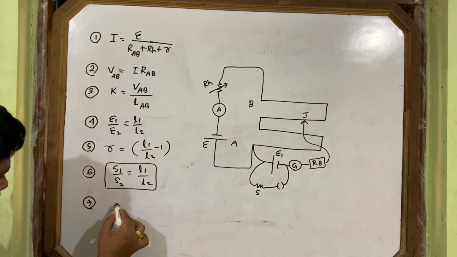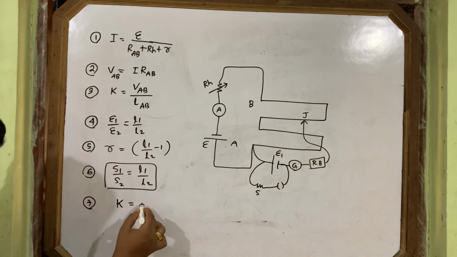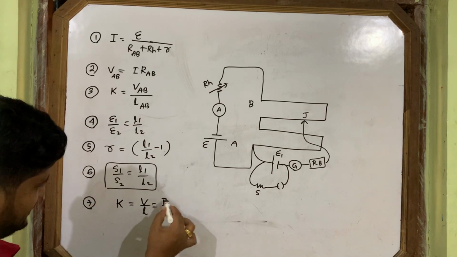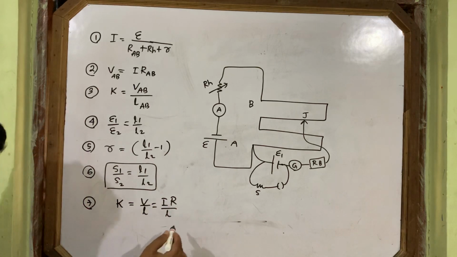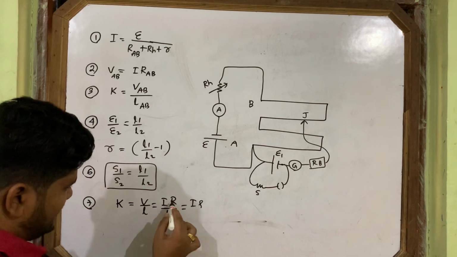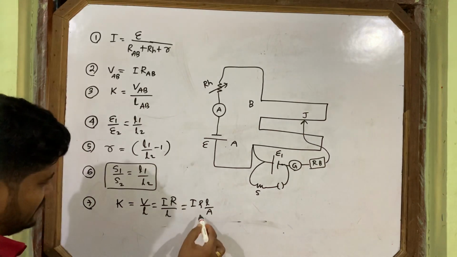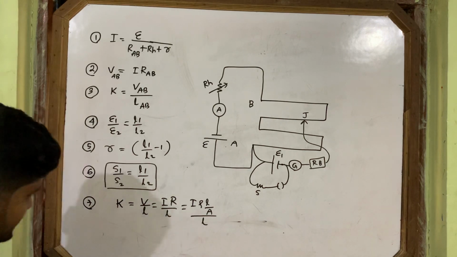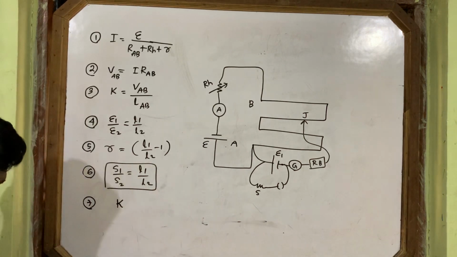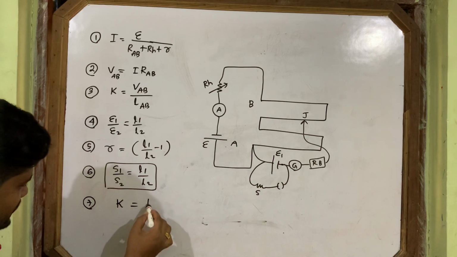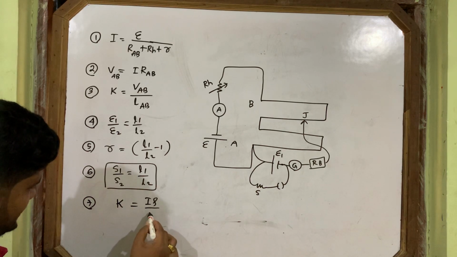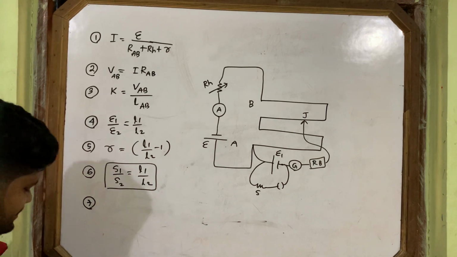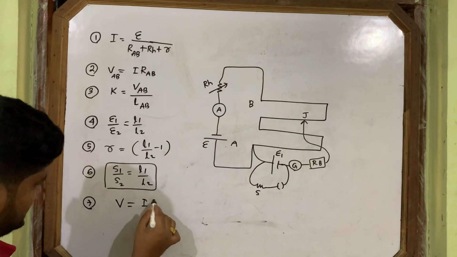You know the potential gradient K. K is equal to V by L. So we write V is equal to IR by L. While proving the principle, K was I rho by A, from V is equal to IR.